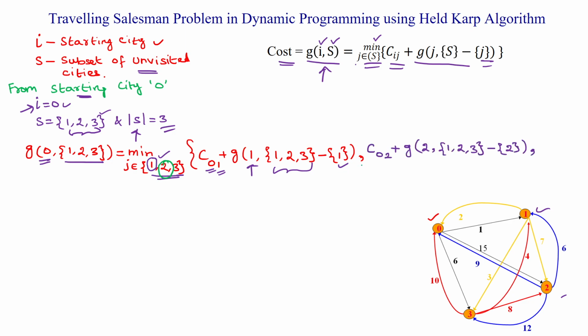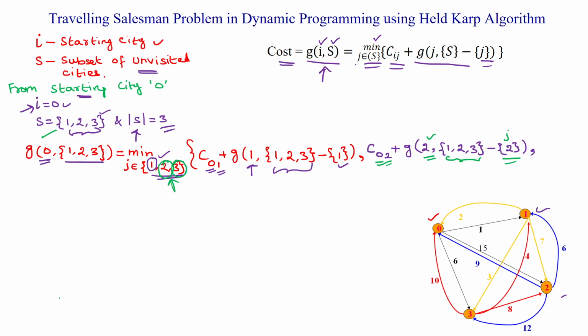So when I am selecting 2, I is 0, j is now 2, then plus g of 2, then S is 1 2 3, as already mentioned, minus the selected j, 2. Now the second option is also completed. Third option, 0 to 3.